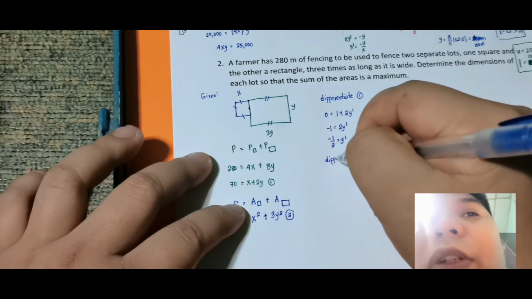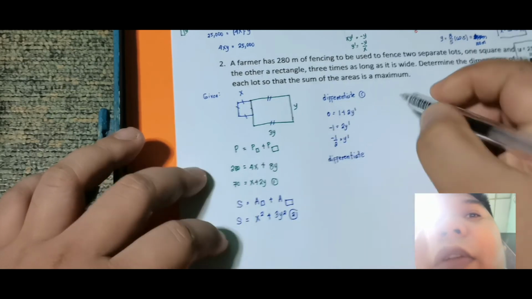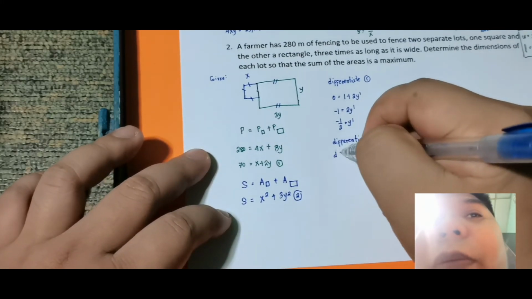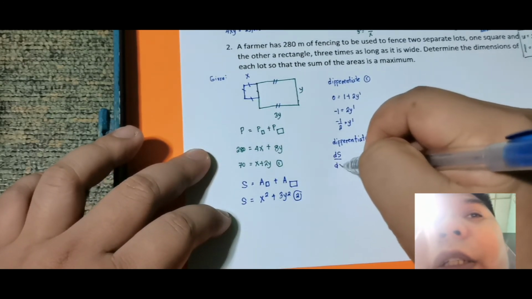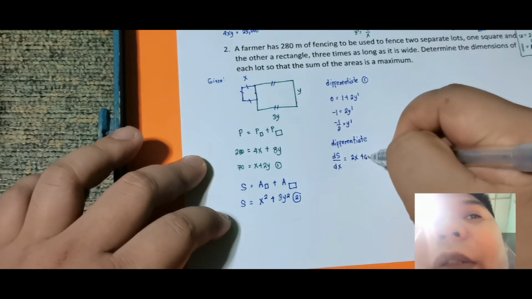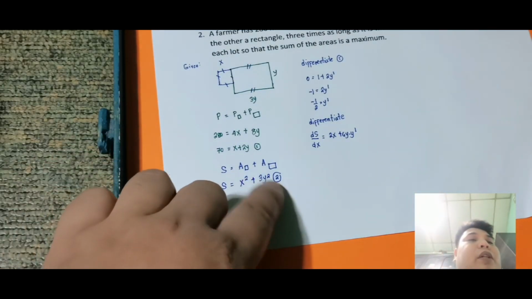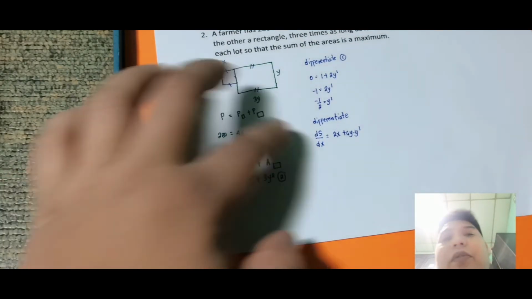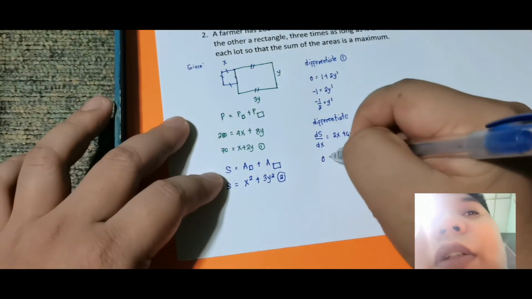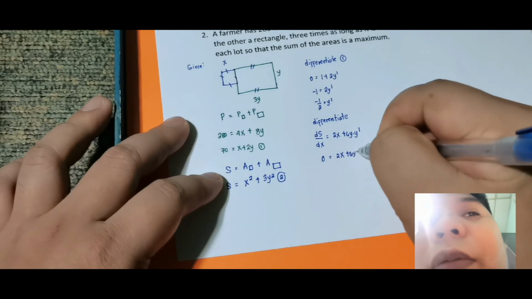Okay, then differentiate natin sa equation number 2 with respect sa x. So that is derivative of S over dx is equal to 2x plus 6y y prime. Tama ba? Kasi derivative ng 3y squared is 6y y prime. Okay, then equate to 0. So this is just 0 is equal to 2x plus 6y y prime.